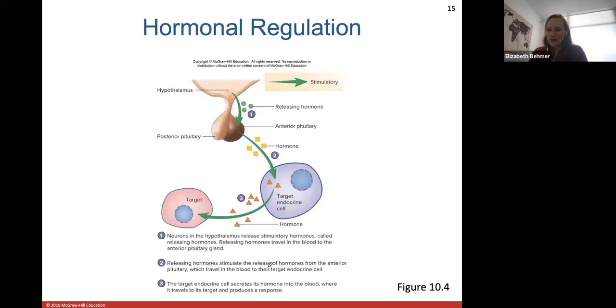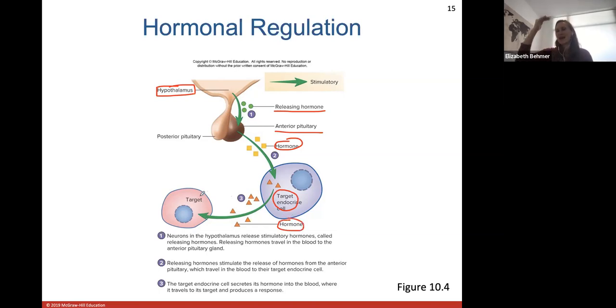And then hormonal regulation, this is the one that we'll talk about a lot. This is when there's some neurons, usually in the hypothalamus. The hypothalamus will release a hormone that acts on your pituitary gland to release another hormone. That hormone acts on some sort of target endocrine cell that releases another hormone that finally acts on the target.